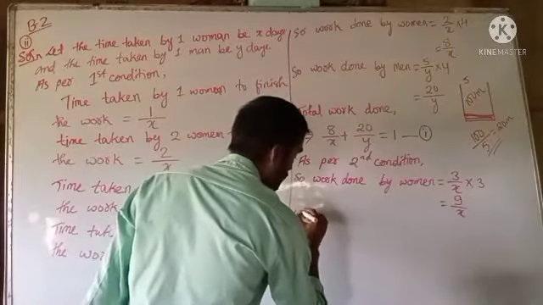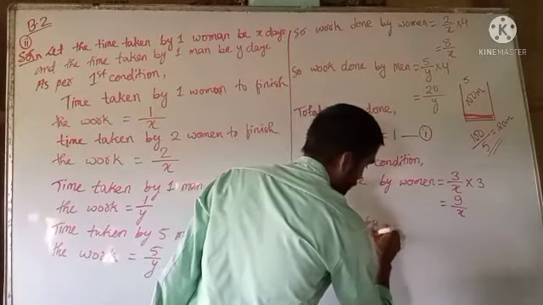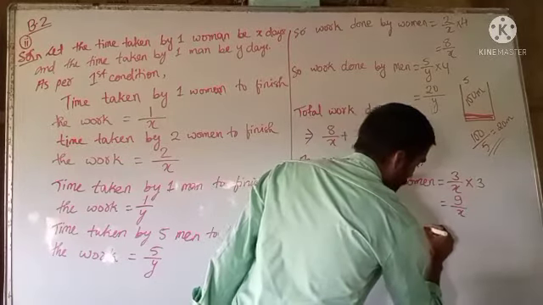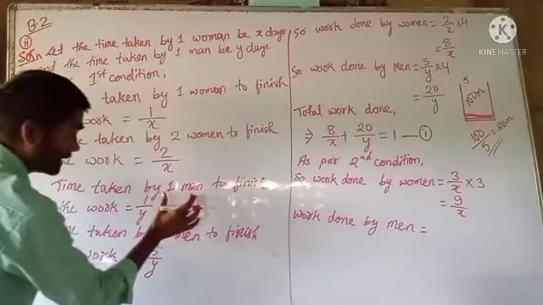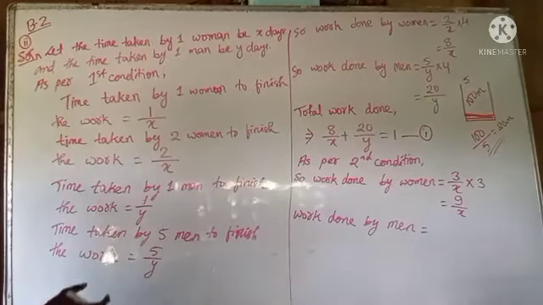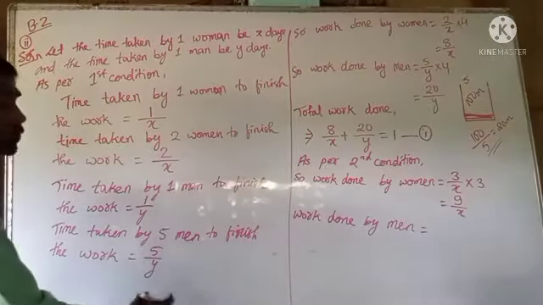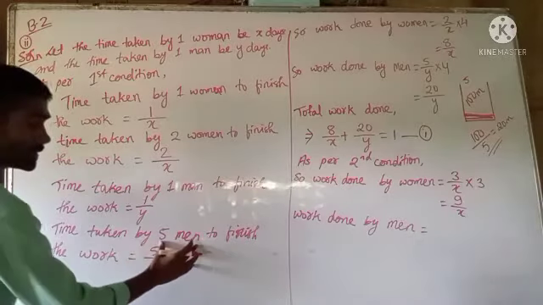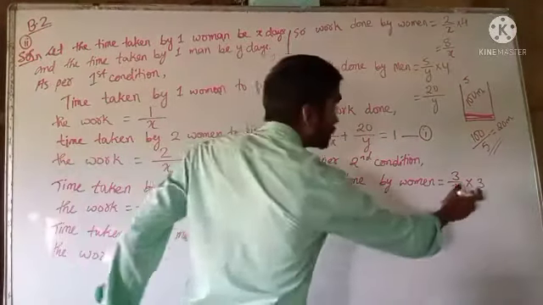In the same way, we'll find the work done by men. Now, if 1 man is there, then it takes 1 by y day to finish the work. Now, if 5 men are there, then it takes 5 by y to finish the work. That is, 5 persons are there and they are finishing that embroidery work. 3 days it is given.